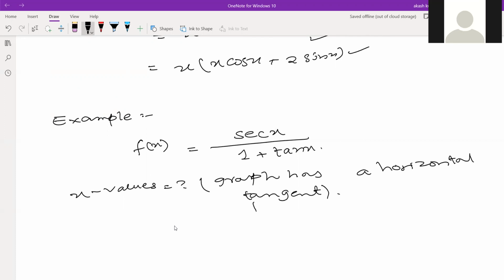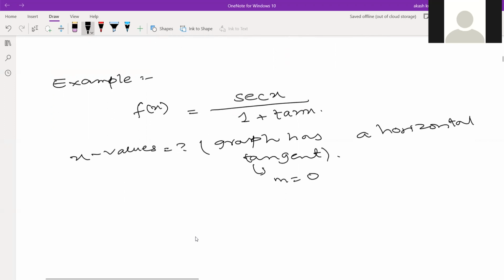Horizontal tangent means the slope will be 0. So let's differentiate this function. f dash of x equals, again, u over v, I mean the f of x over g of x formula will be used.